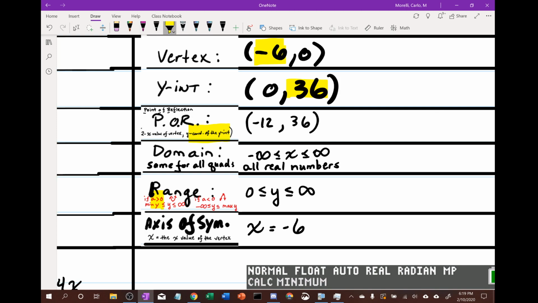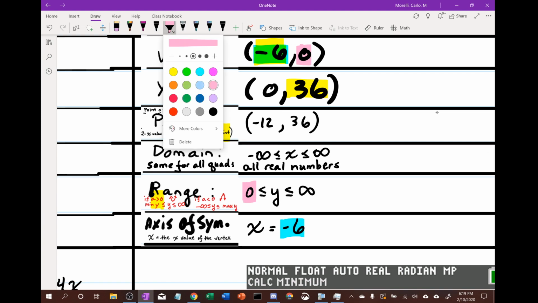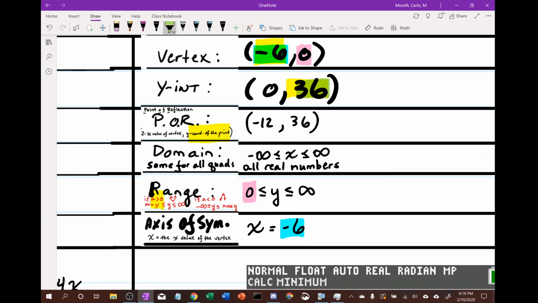So I'm getting that value from right here. That's where that's coming from. And I'll show you where this value here is coming from, the y value of the vertex. So that's pretty cool. And this guy right here is linking to that guy right there.